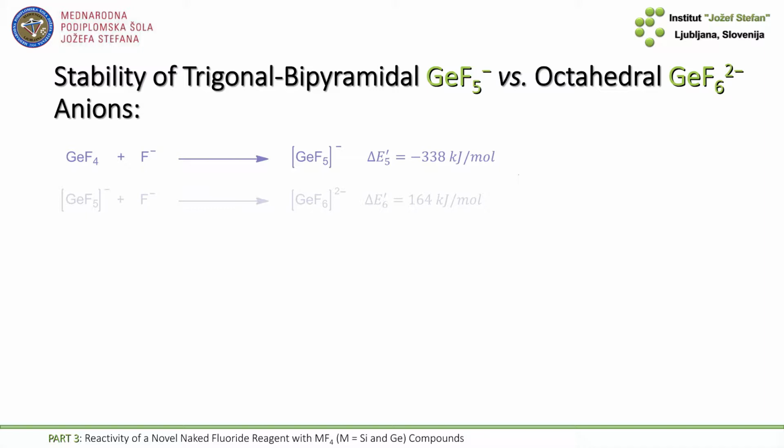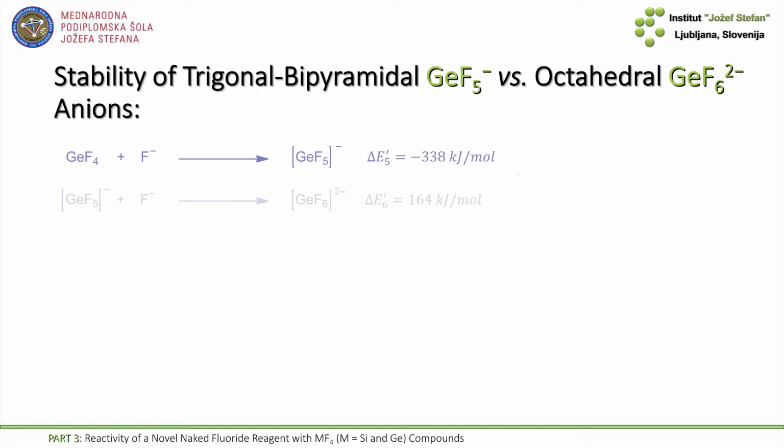So for example, you can calculate the addition of one fluoride to, let's say, germanium tetrafluoride to yield the pentafluorido germanate anion. And if you then calculate the total energy of this system, you see that the product is favored against the reactants by roughly 340 kilojoules per mole.